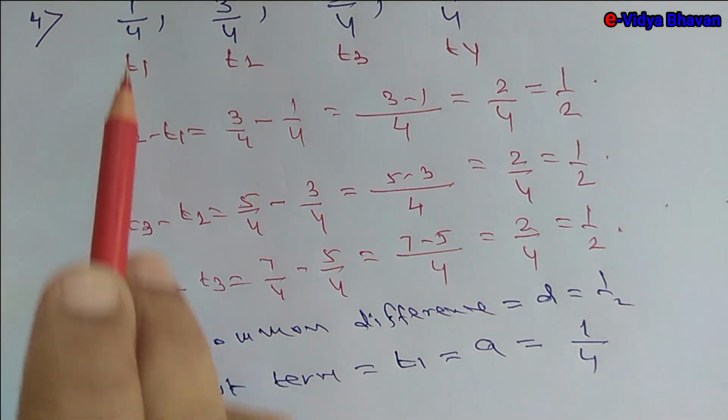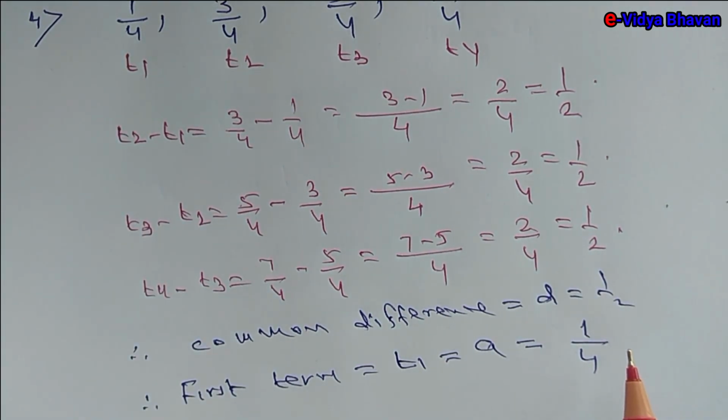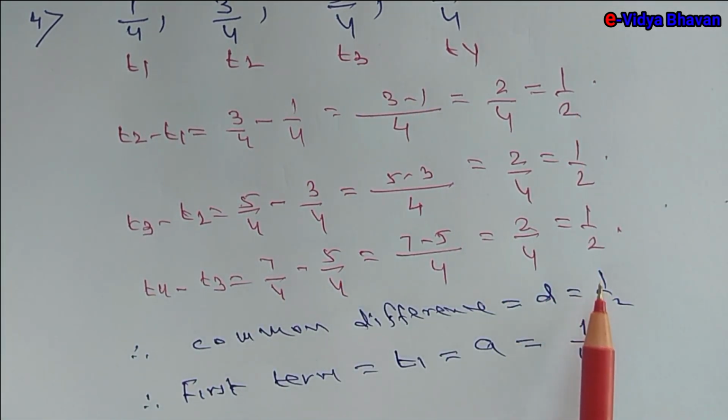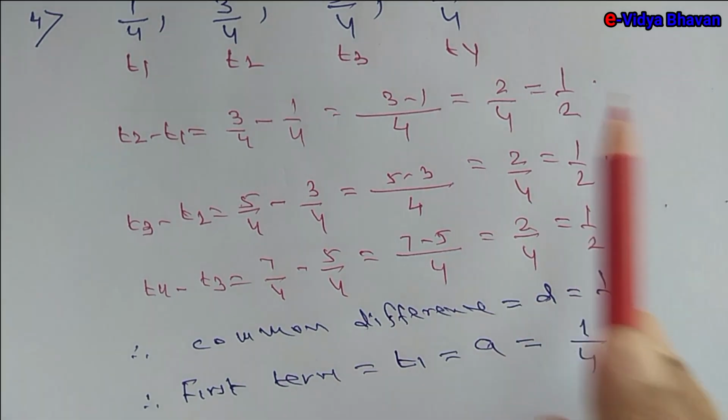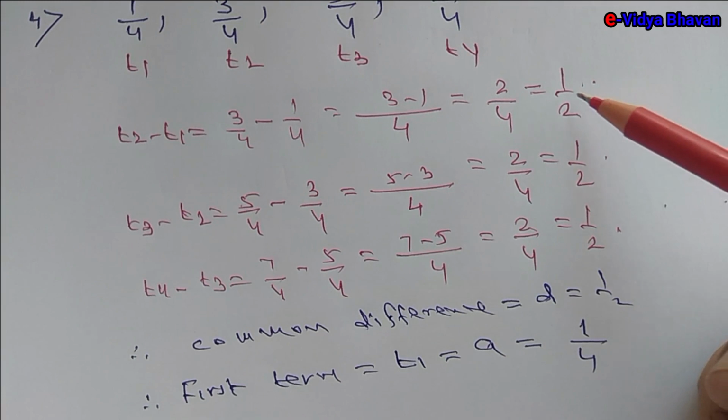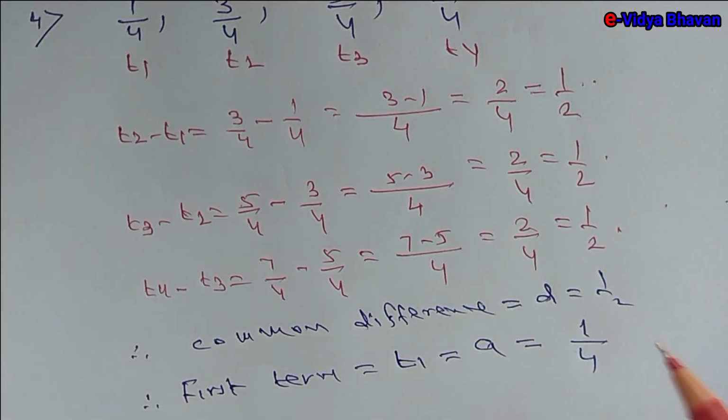So this is your first term, T1. And common difference, whatever the difference you take, one thing has to be remembered, if it is an AP, the common difference is going to come same. So if you are getting different common difference, that means somewhere you are wrong. So remember your common difference should come same in AP. So this completes the exercise 1.